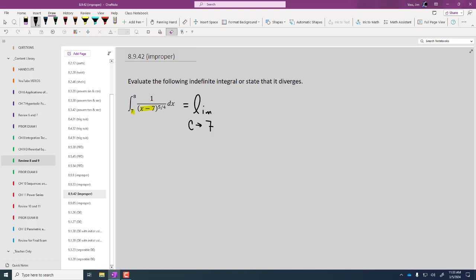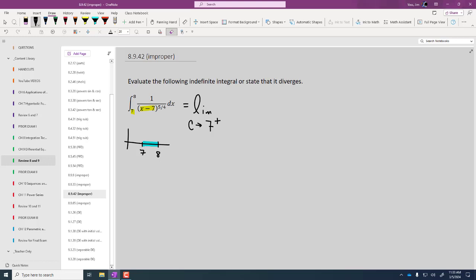From the right, because our interval is 7 to 8. On the number line, there's 7, there's 8, and the interval that we're integrating through is right here. Stuff to the left of 7 is not included, so we're coming into 7 from the right-hand side, from within the interval.